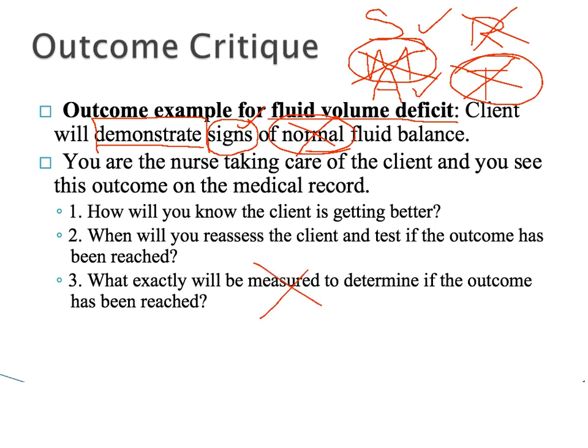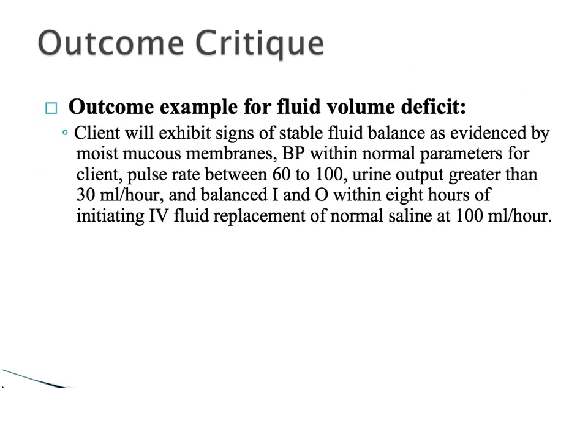Again, we don't know, because the measure is not there. Clearly, this is an example of an outcome that is not SMART. And actually, it's only got the S and A components. In contrast with the prior outcome that was written, let's pick this one apart and critique it for all the SMART components.